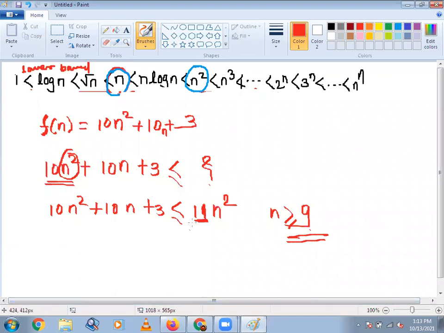We'll change the constant. Suppose here we have taken 12.